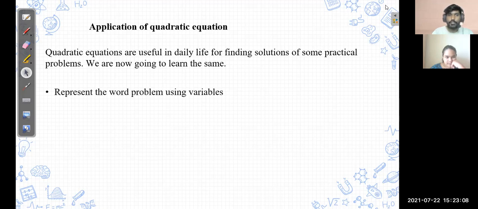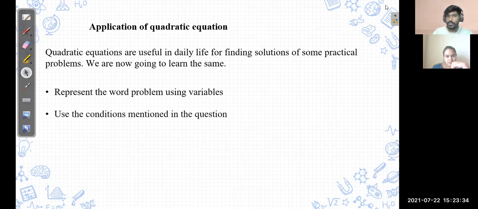First, you have to represent the problem using variables, x or y, a single variable. So you have to first represent the problem in variable form.